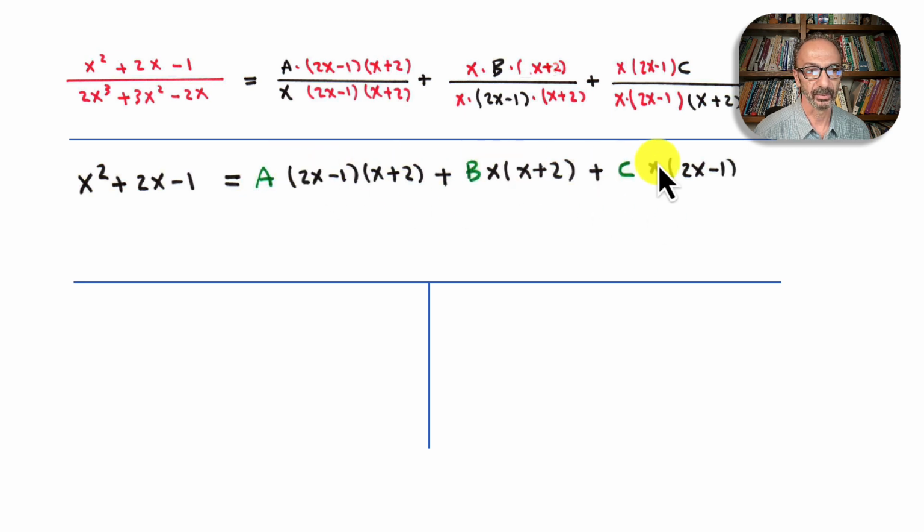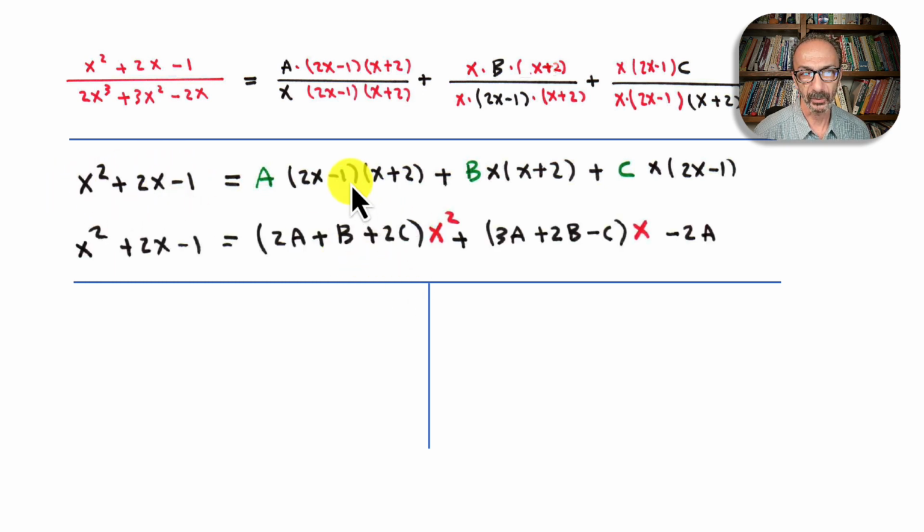Rearranging everything to see the coefficient of x to the second, the coefficient of x, and the constants together to compare it to this right here on the left. After rearranging, I could see that 2x times x, which is 2x to the second, and I have a, that's 2x to the second times a, and so on.